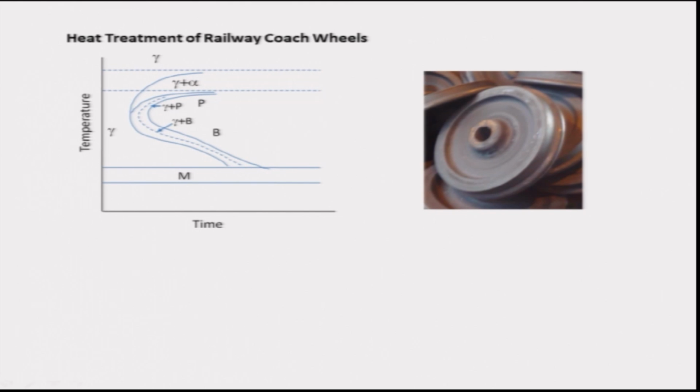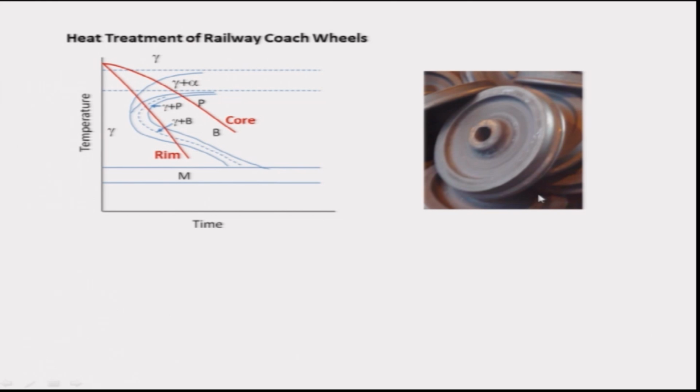The hot wheel, which is in the austenite region, is subjected to water spray all around the rim. As a result, the cooling curves that you get are of this kind.